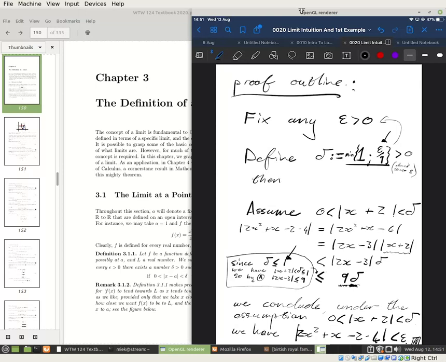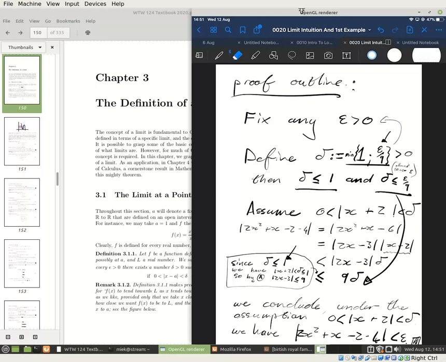Then we have delta is less than or equal to 1 and delta is less than or equal to epsilon over 9 at the same time. So since we have this, we automatically get this for free, which gives us our constant 9 here. And since we have this, we can fix this delta here to get an epsilon.